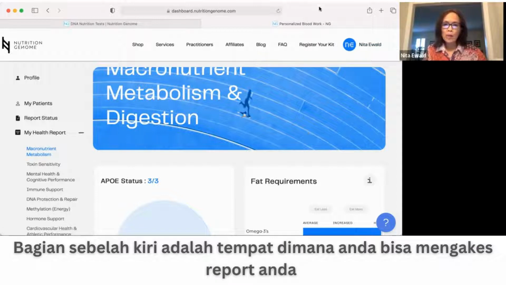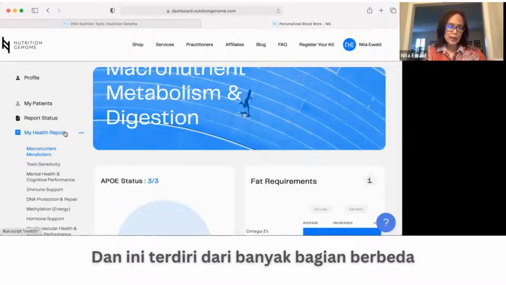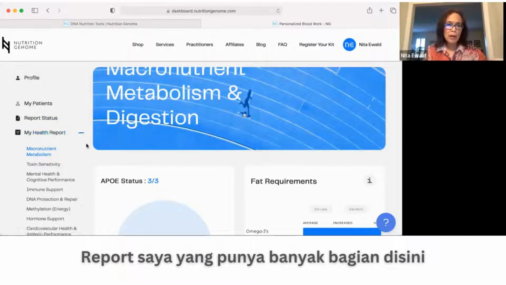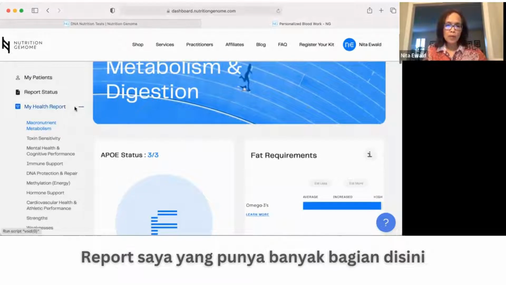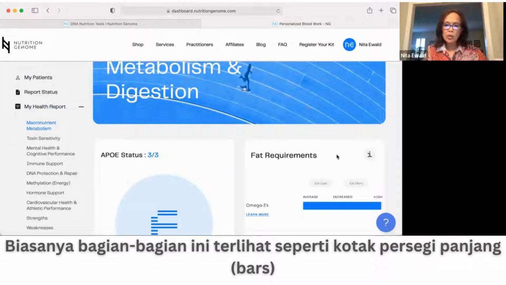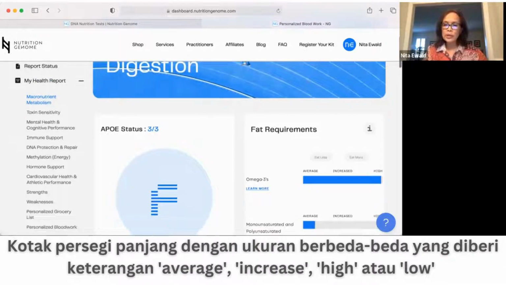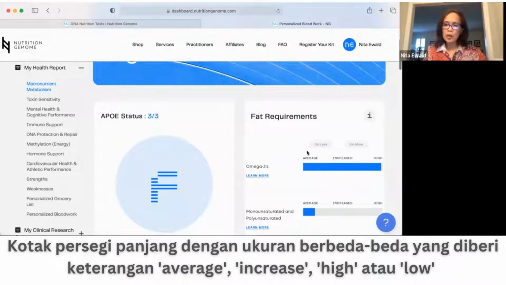On the left-hand side here is where you can access your report. There are multiple sections. My health report has many different sections and usually shows as bars, with average, increase, high or low.